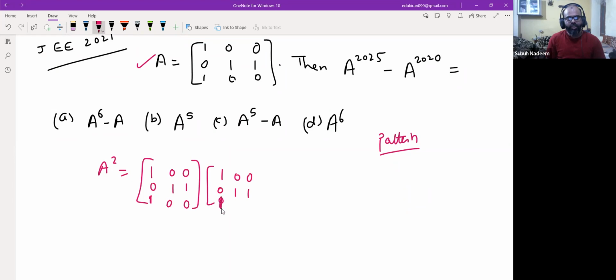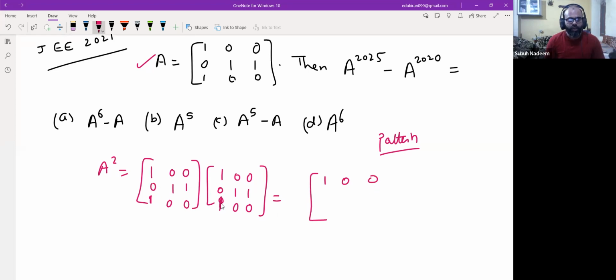We have already seen what multiplication of matrices is. First row with the first column gives 1, because 1 into 1, 0 into 0, 0 into 1, so overall 1. First row and second column gives 0. First row, third column gives 0 again.